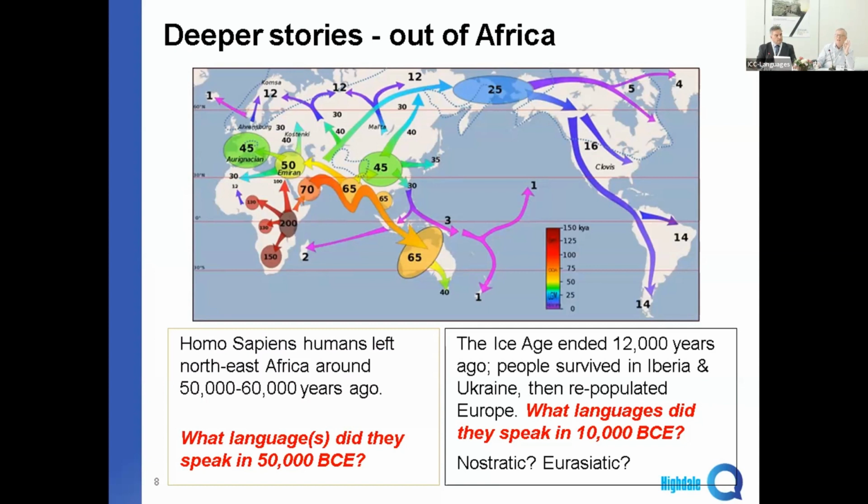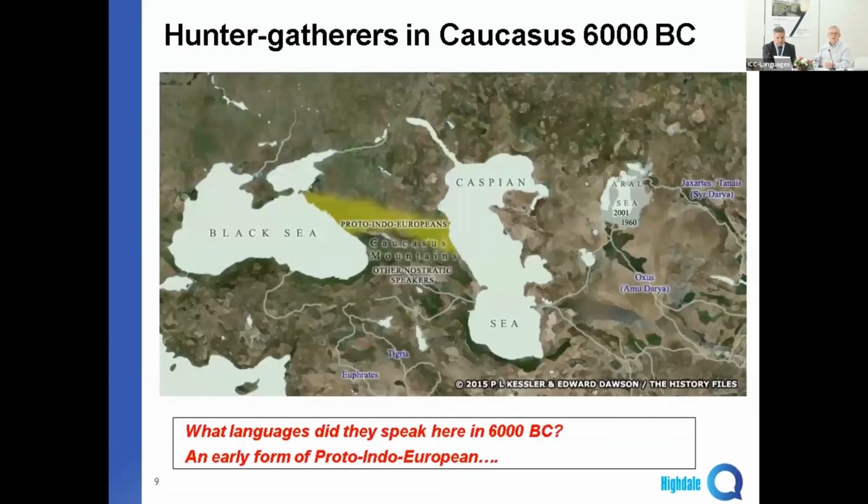Probably Basque is the descendant of those languages, not English so much, but definitely Basque. So that's a story that you can tell. Just having the map, you can get the students to retell that story, maybe find out a little bit about it. Very good uses of the past tense, narrative skills, and so on. Some students would find that really interesting.